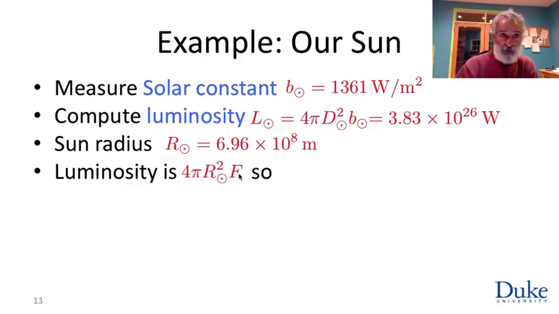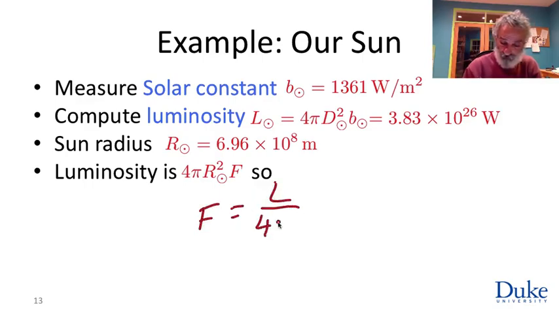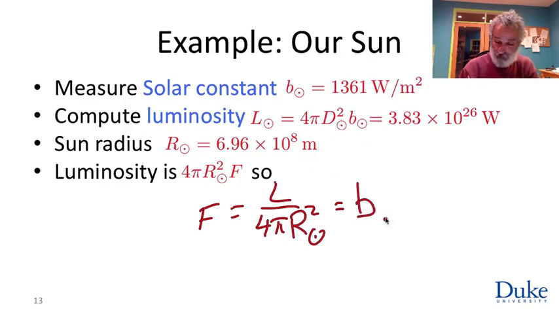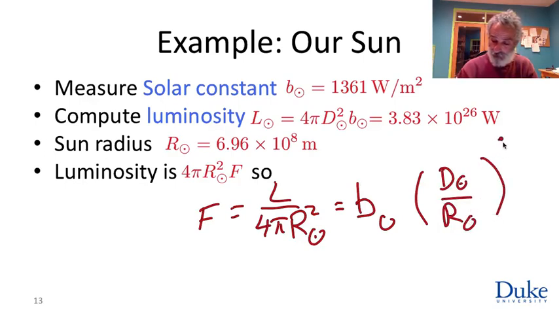The nicest way to do this is to use a scaling relation as usual. So the scaling relation is that F is L over 4 pi times the radius of the sun squared, and B is L over 4 pi times the distance to the sun squared. I can cancel everything around, and find that F is B times the distance to the sun divided by the radius of the sun, squared.